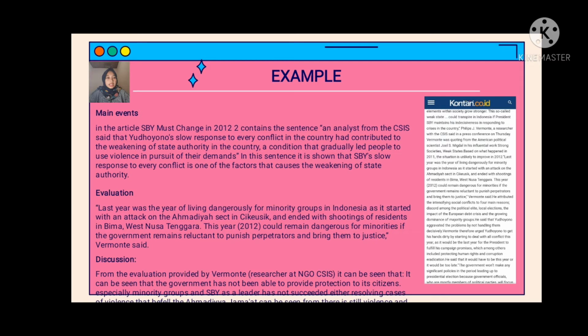In this sentence, it is shown that SBY's slow response to every conflict is one of the factors that causes the weakening of state authority.